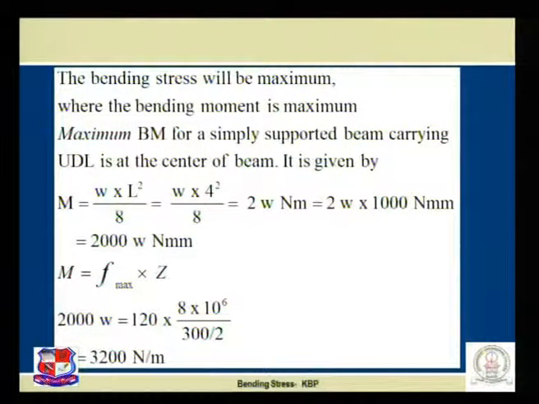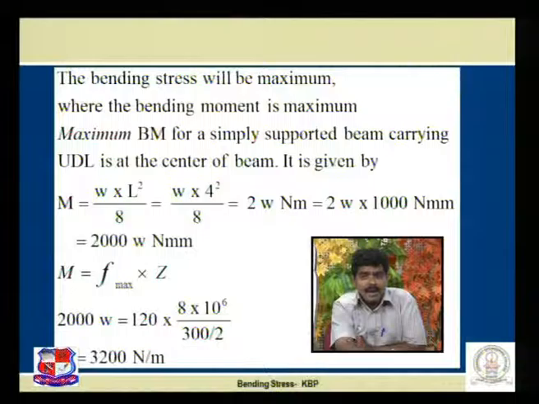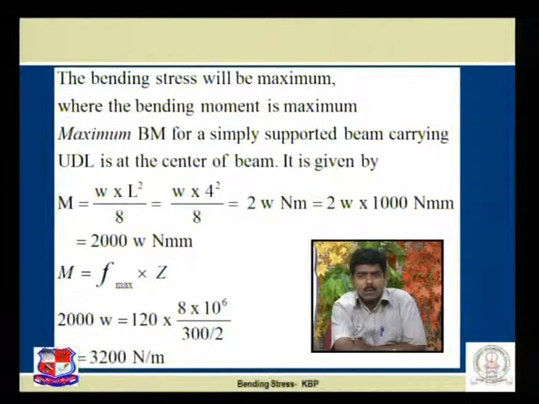Maximum bending moment for a simply supported beam with UDL is at the center of the beam, which is given by the equation WL square by 8. W into 4 square by 8, 2 into W Newton meter, multiply by 1000, 2000 W Newton mm.